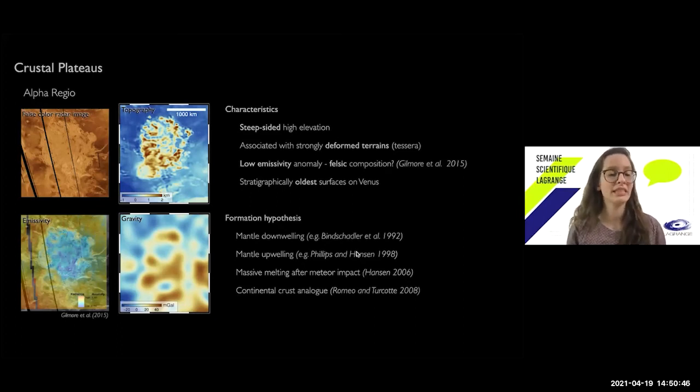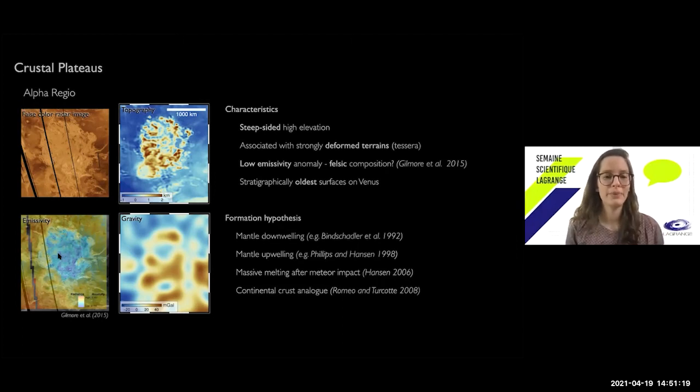Something else very nice that was discovered in the Venus Express mission was that these plateaus are associated with low emissivity anomalies. And this could indicate that the composition of these regions is different from the volcanic plains that surround them, and they could actually have a composition more similar to continental crust materials, like granitic material. And the formation of these regions is not very well understood.